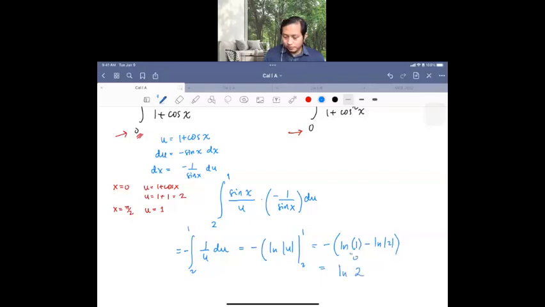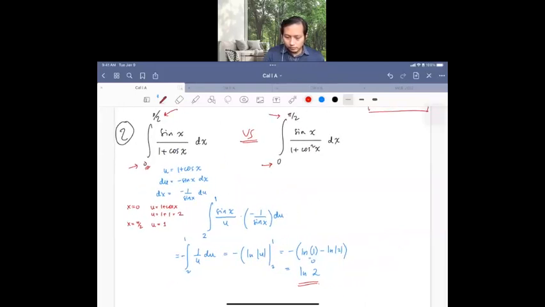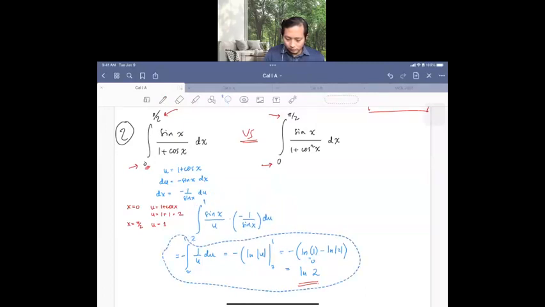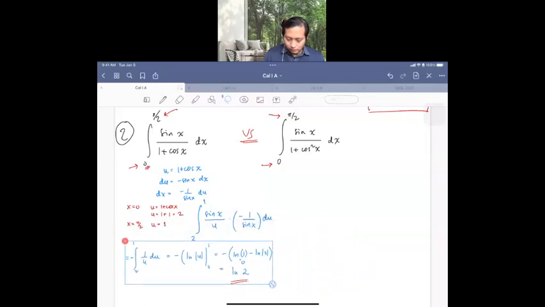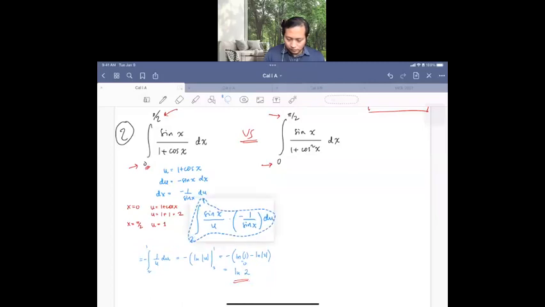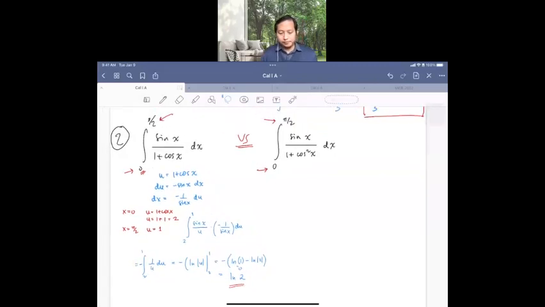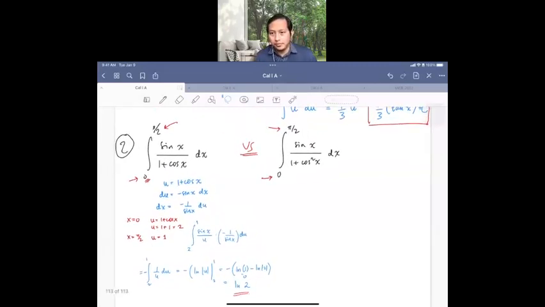This will be 0, and this will be ln 2. Okay, that's for the left one.